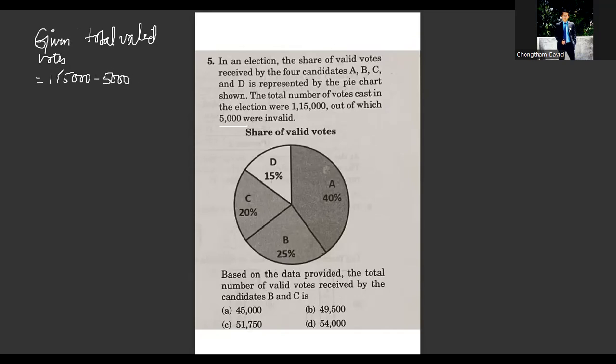So the subtraction gives your valid votes, 1,10,000.